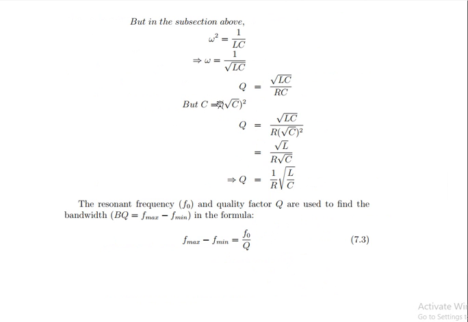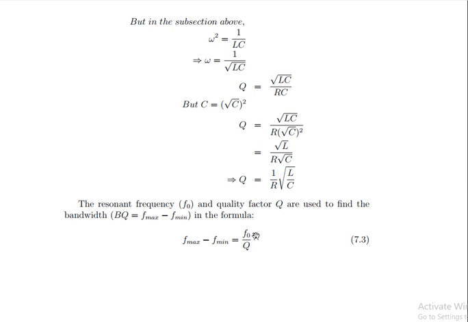But C is equal to the square root of C all squared. So we are going to have R times the square root of C in the denominator, with the numerator being the square root of LC. When you simplify all this, you have the square root of L over R times the square root of C. And the formula for the quality factor is equal to 1 over R times the square root of L over C. So this is the formula for the quality factor.